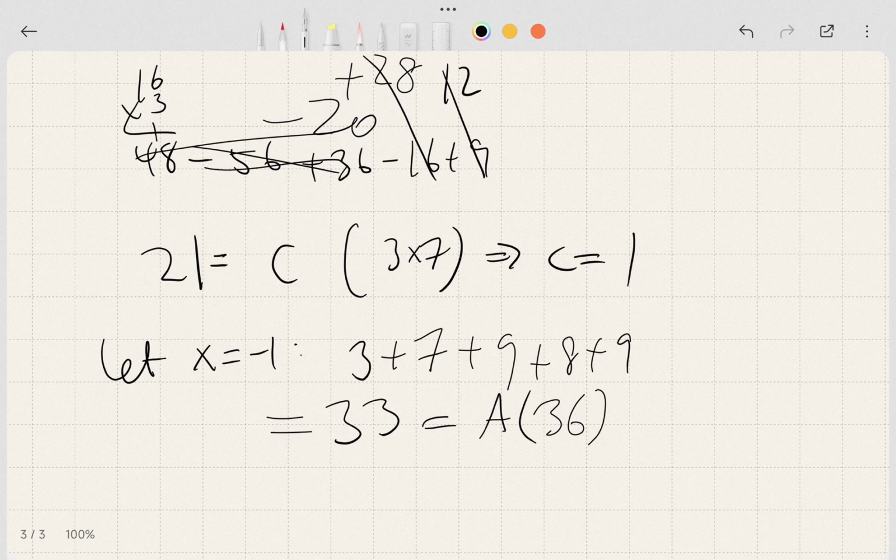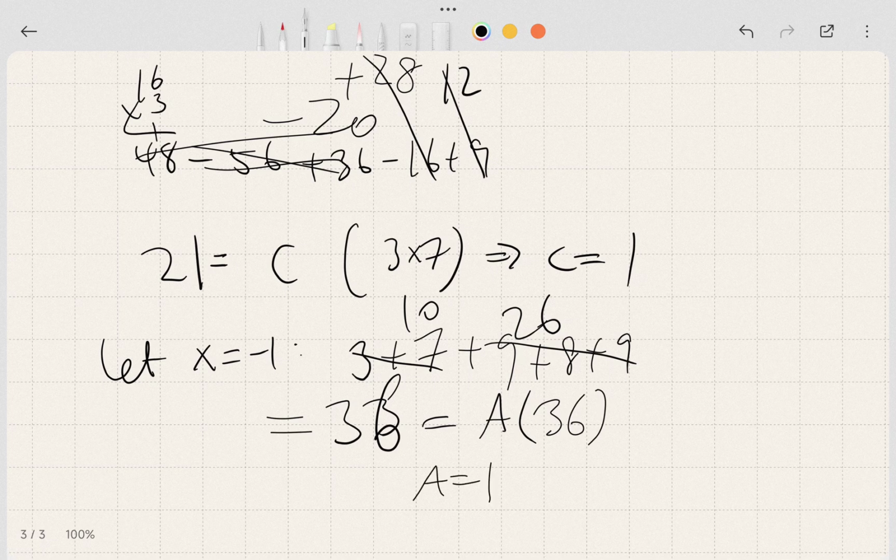I might have calculated the problem wrong. Oh no, this is 10, this is 18, 26, so this is 36. Sorry. So a is equal to 1.